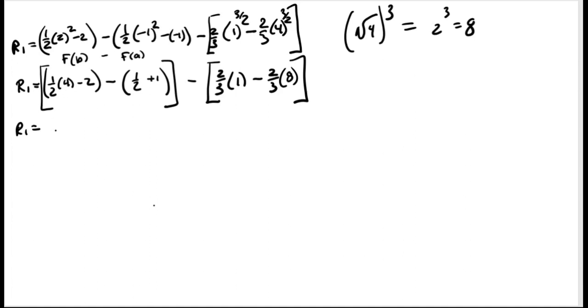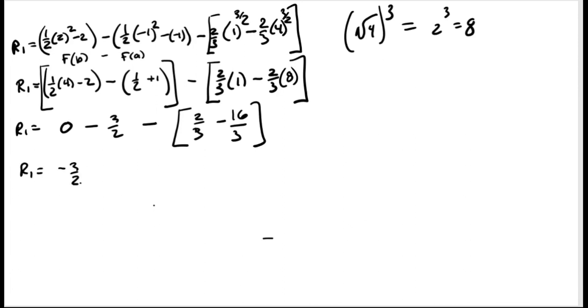So we have 1/2 of 4 is 2. 2 minus 2 is 0. Minus 1/2 plus 1 is 3/2. So that's -3/2 we have here. Minus 2/3 minus 16/3.